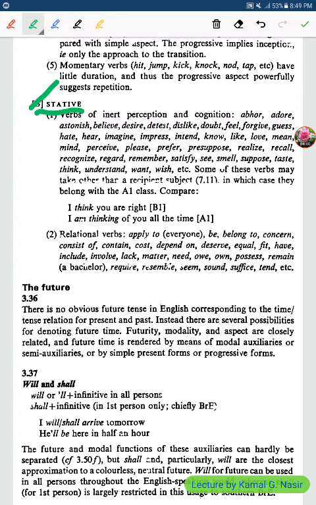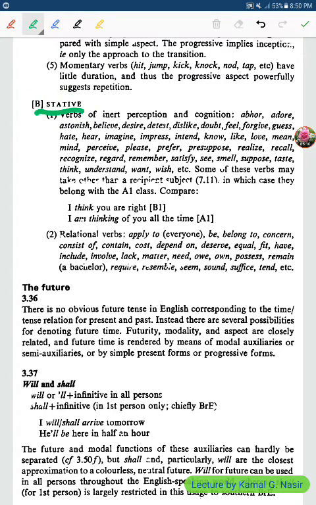Let us now come to the stative verbs, which cannot take ing, or do not have activity. For example, abhor, adore, astonish, believe, desire, detest, dislike, doubt, feel, etc. This is a list of the stative verbs.